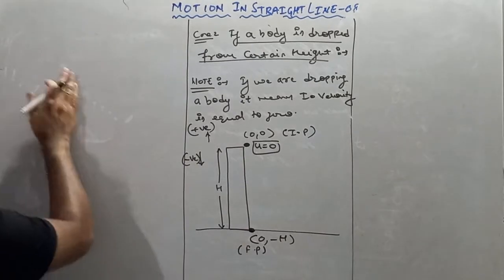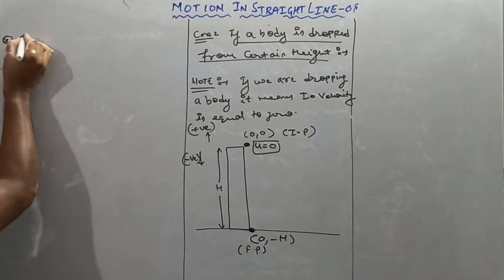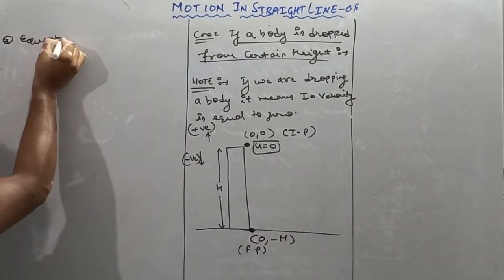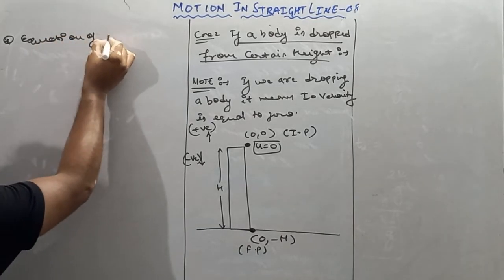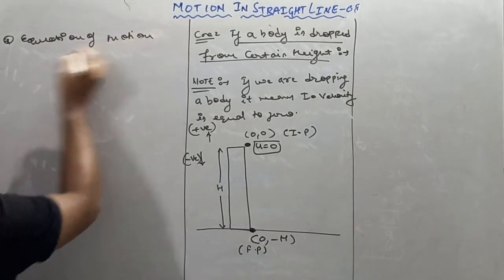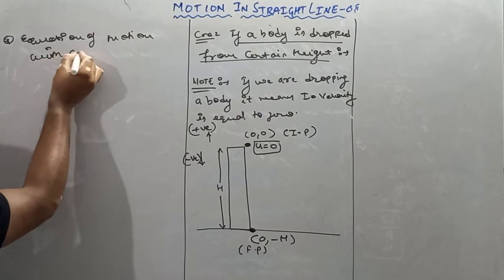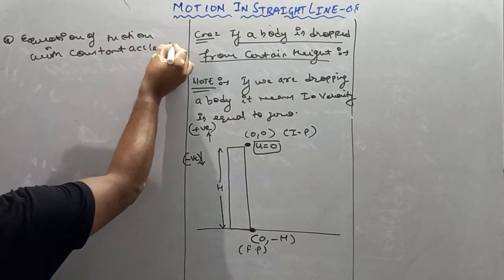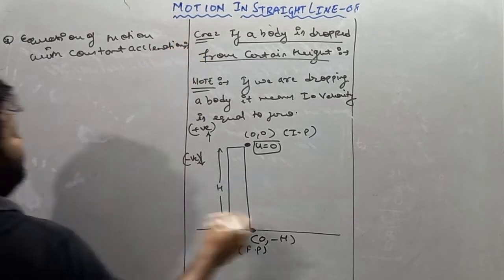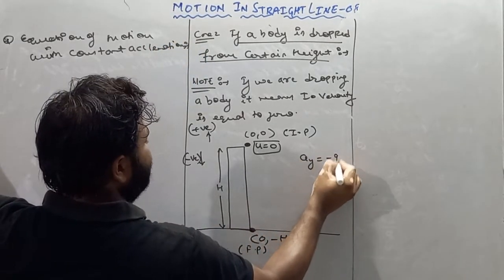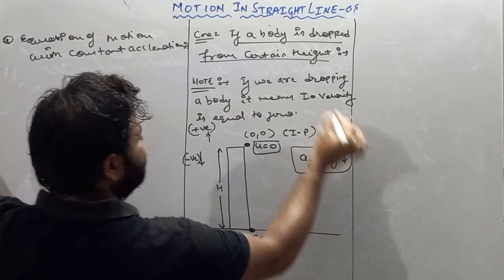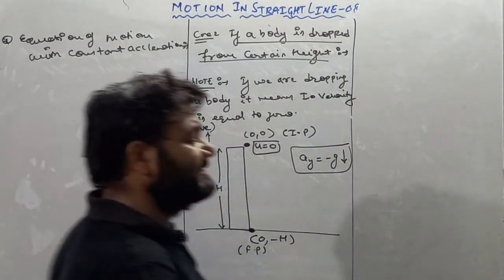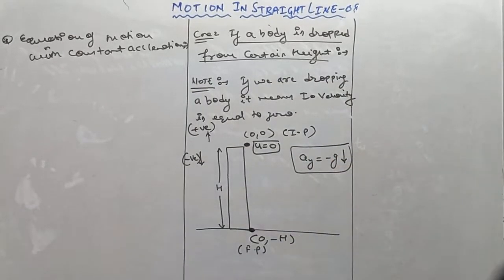In this situation I am writing the equations of motion. So write down equations of motion with constant acceleration. Again, in this situation as well, the only acceleration acting on the particle is acceleration due to gravity, and its direction is towards the negative y-axis.